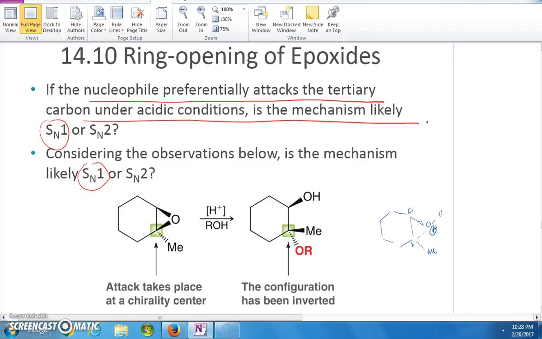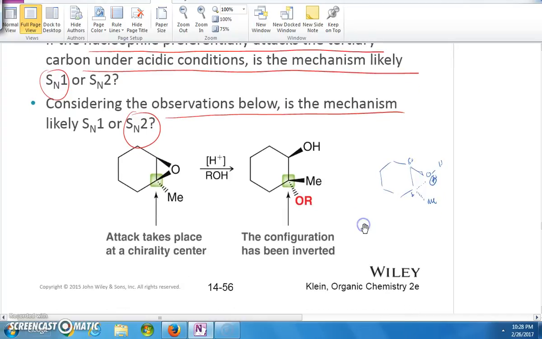However, the mechanism is likely SN2, right? Because there is inversion of configuration. You see, if it were SN1, then you should have a racemic mixture. But in this case, you have inversion of configuration.